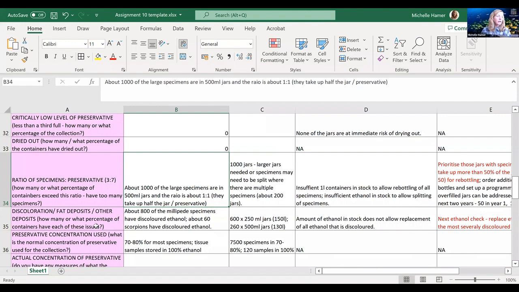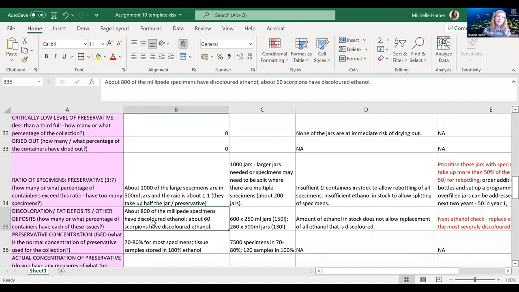And then the other thing is discoloration, or fat deposits or other deposits. So some animals, they don't seem to create problems, but some definitely do, and you can see the ethanol is very discolored, or it's got like yellowish, orange, sort of fatty deposits in it.